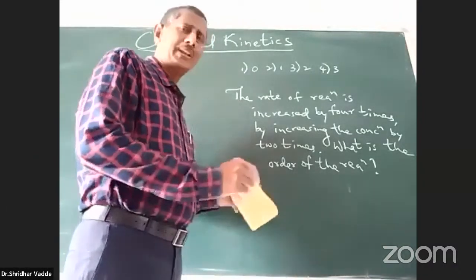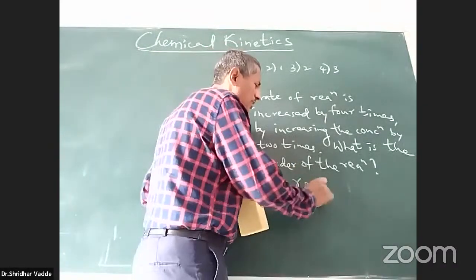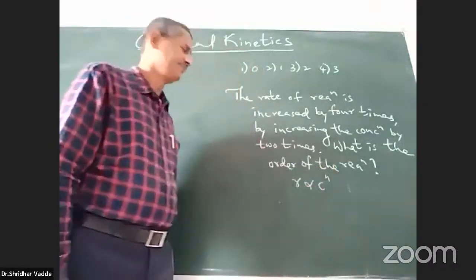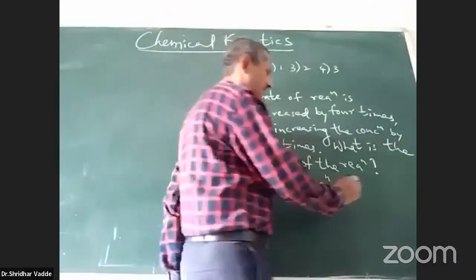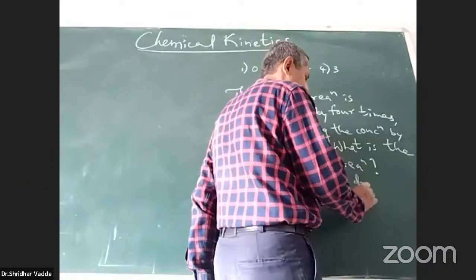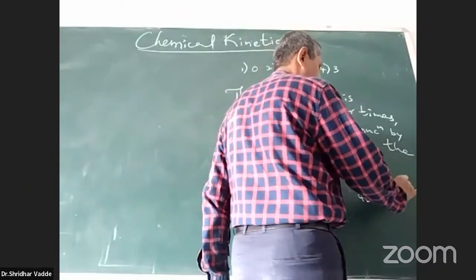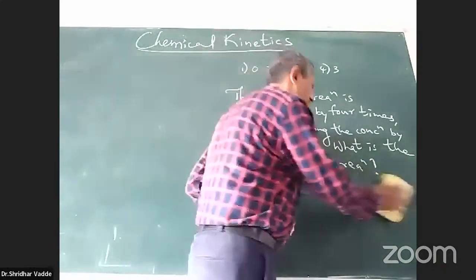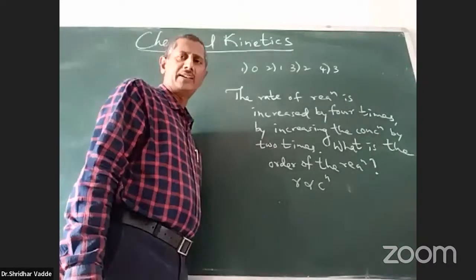So very simple here. Rate is proportional to concentration. We have discussed this. So dx by dt is proportional to what? Concentration. Very simple one. Rate is proportional to C to the power of n.